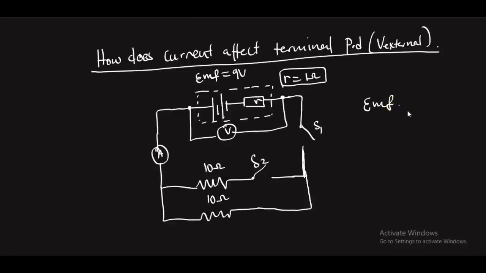EMF is defined as the maximum energy the battery can provide to move charges passed through it. And V external, or what we say the terminal potential difference, is a value that we can read, and that value tells us how much energy is available that we can use in the external circuit to move the charges.